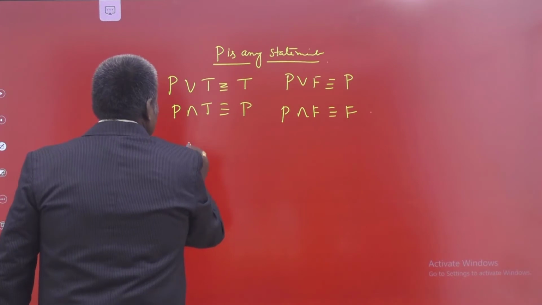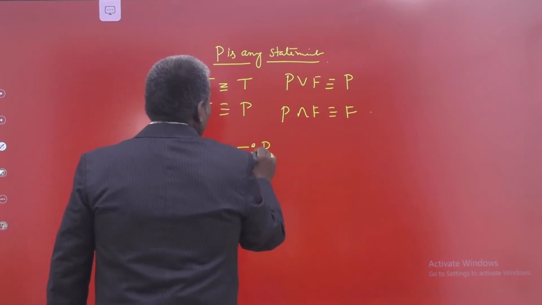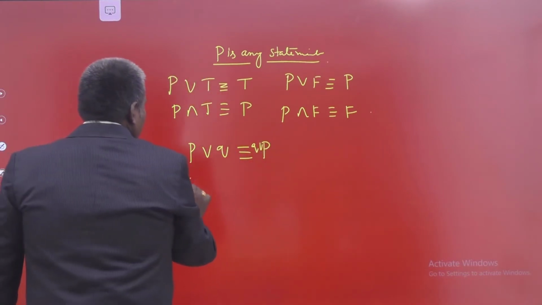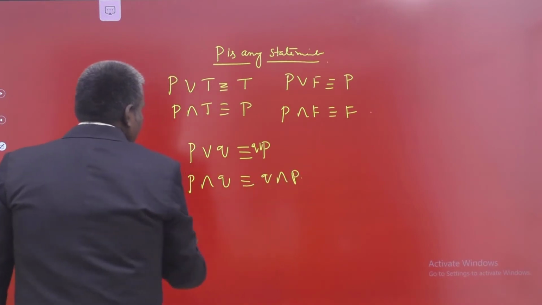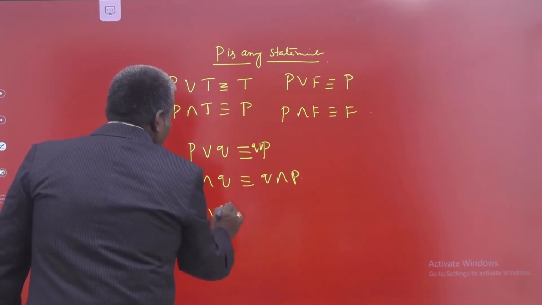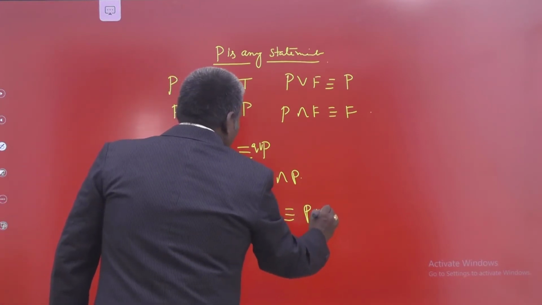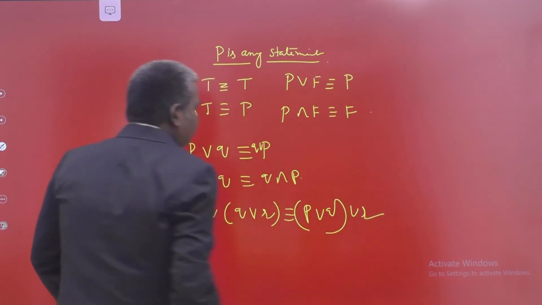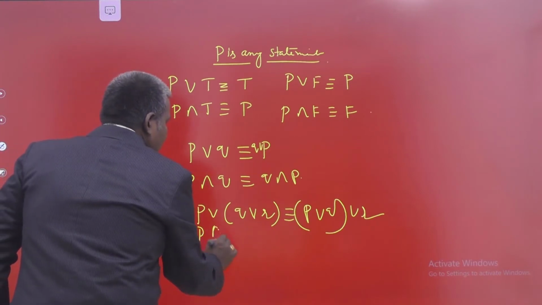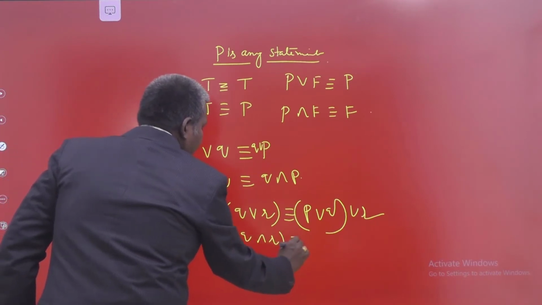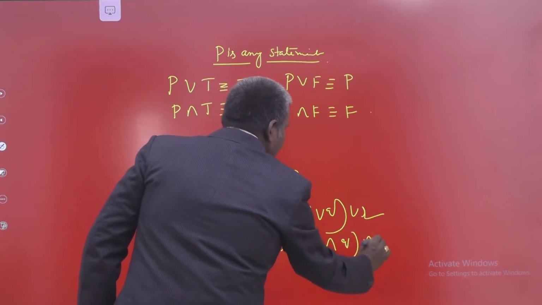And we have discussed P or Q is equivalent to Q or P. Again, P and Q is equivalent to Q and P. And also we have P or (Q or R) is equivalent to (P or Q) or R. This is the associative law. Similarly, P and (Q and R) is equivalent to (P and Q) and R.